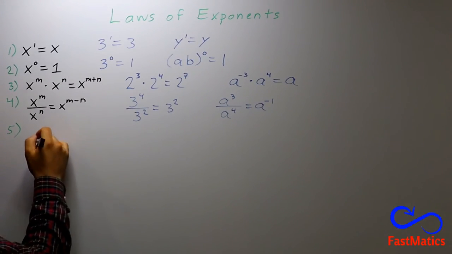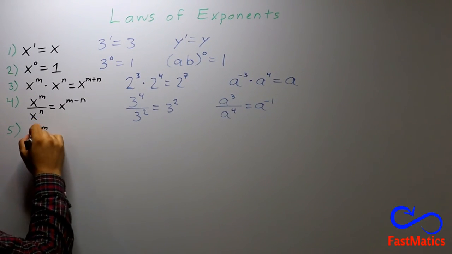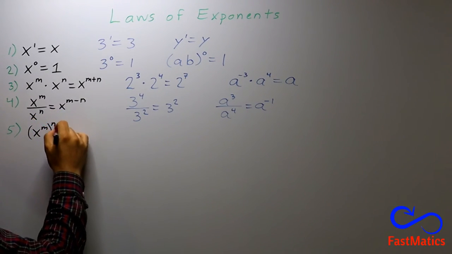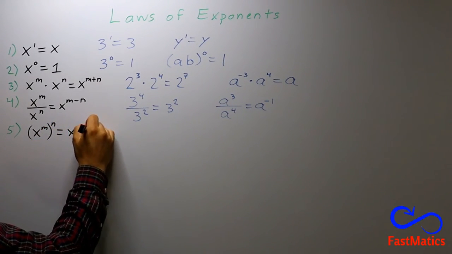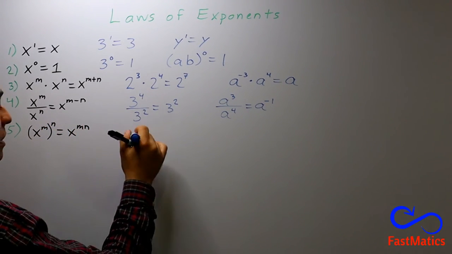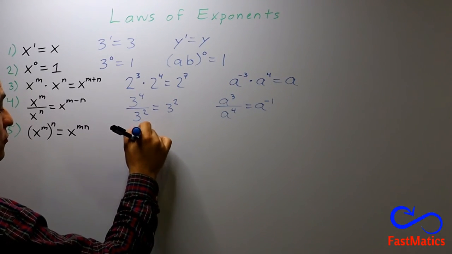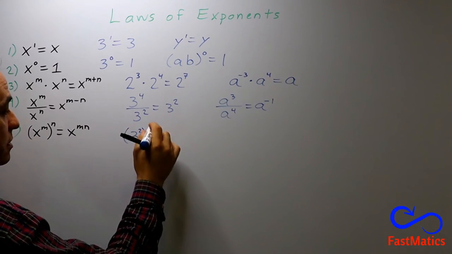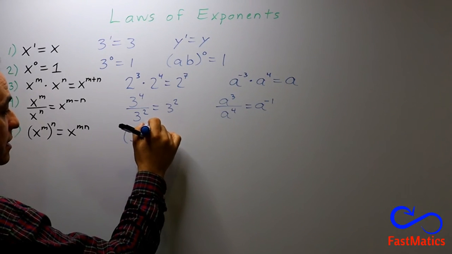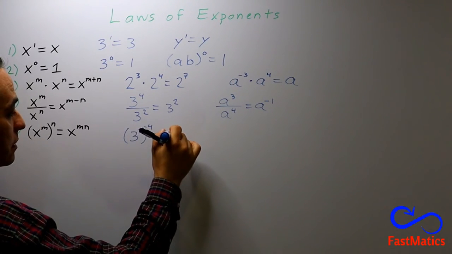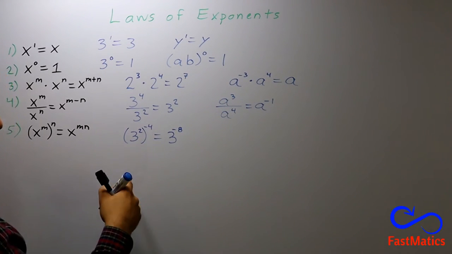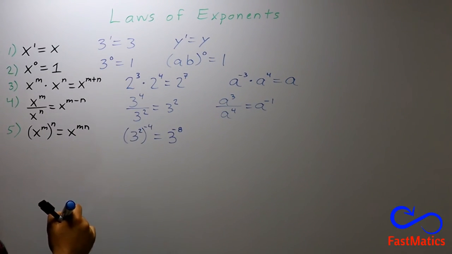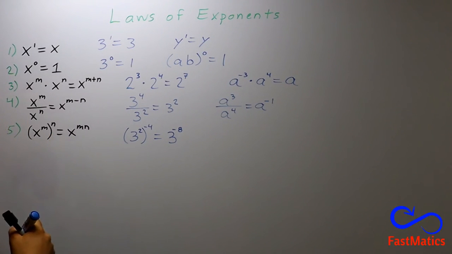Next law. When you have one exponent raised to another exponent, you are going to multiply those exponents. For instance, 3 to the power of 2 and that raised to the power of negative 4, that is 3 to the power of negative 8, because 2 times negative 4, negative 8.